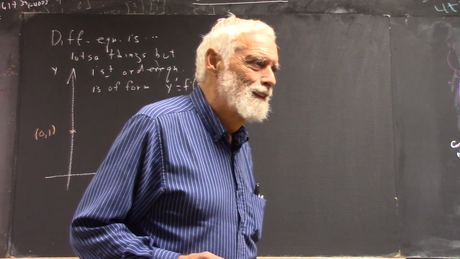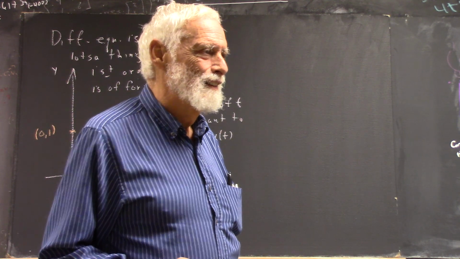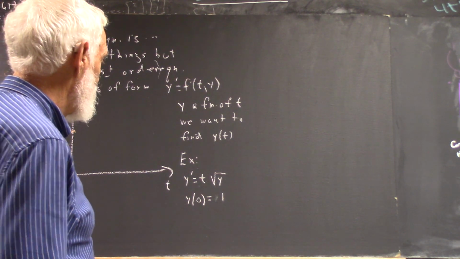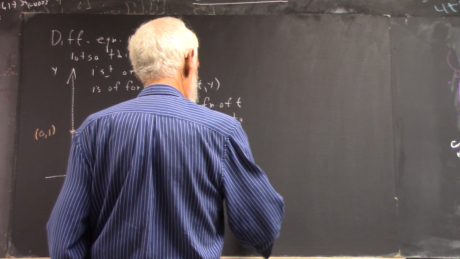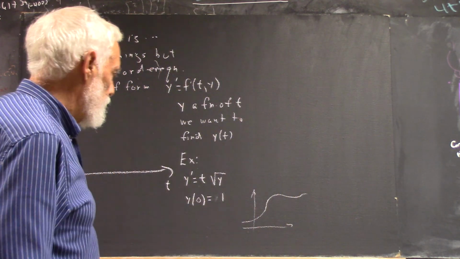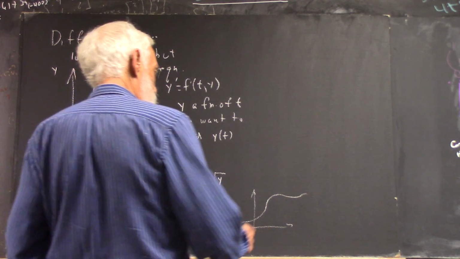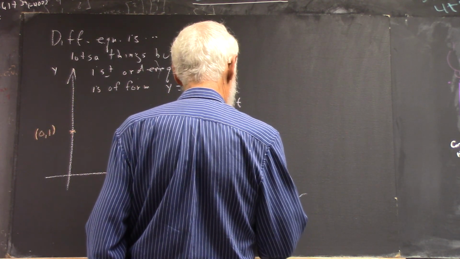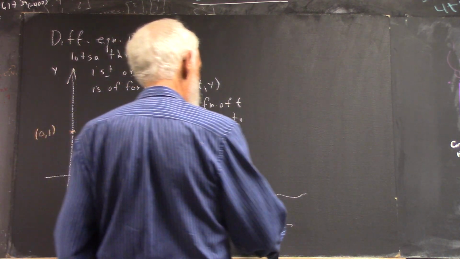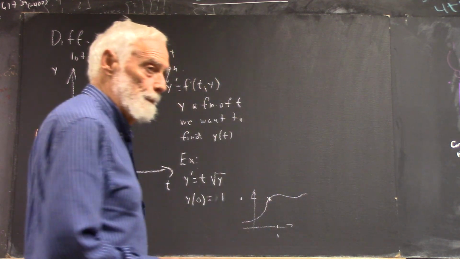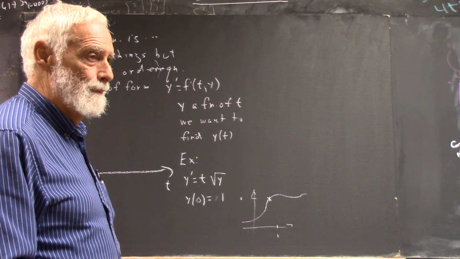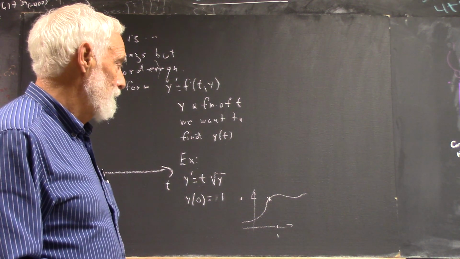Well, let's just put a scale on this. Let's say this is 1 and this is 1. Okay? Can you estimate the derivative at this point? It would be the rate of change.